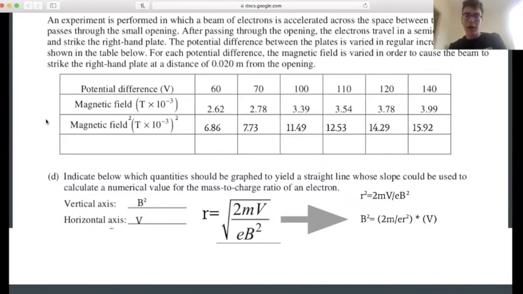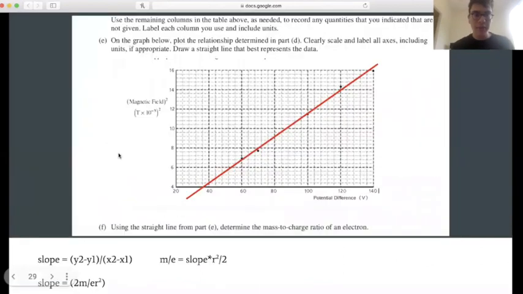And so I have all of those values imported into the table, which will then be graphed. And so we have the magnetic field squared graphed against potential difference, and we have a line of best fit across it. Important things to note, our units are the magnetic field squared and the potential difference, and we have them labeled, as well as all of the numbers labeled.